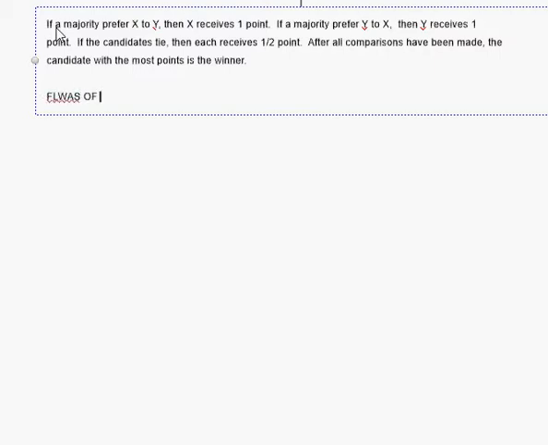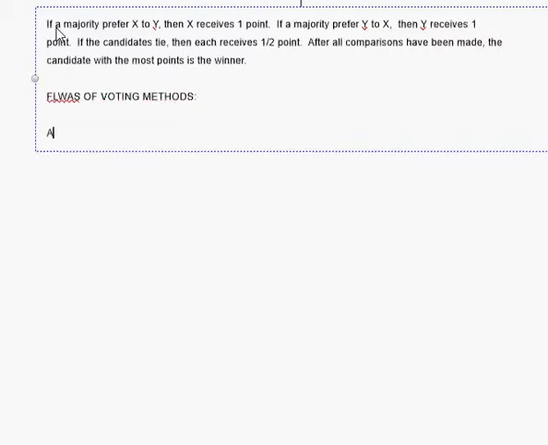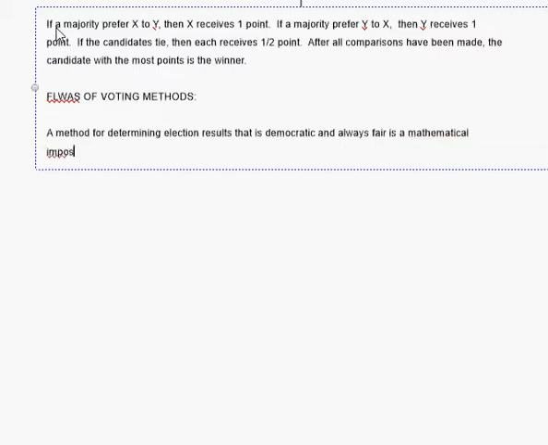Flaws of voting methods. A method for determining election results that is democratic and always fair is a mathematical impossibility.